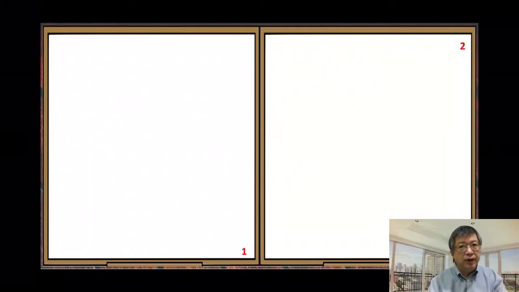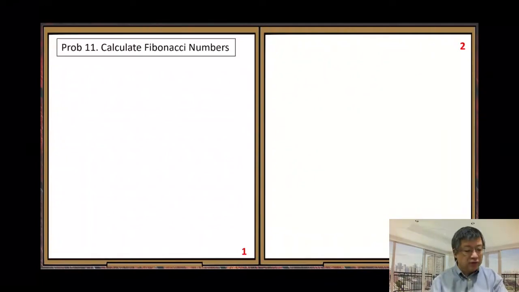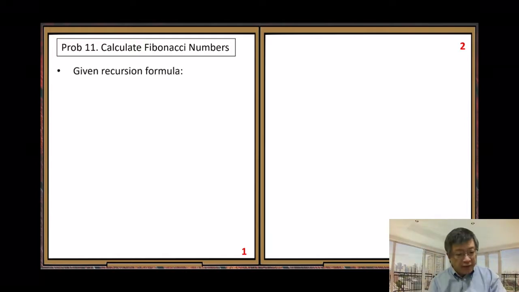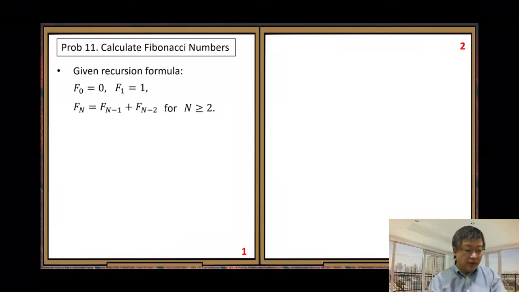First, let us look at the problem. Our problem number 11, calculate Fibonacci numbers. Given the recursion formula and the initial values F0, F1, then this simple recurrence relation, Fn equals Fn minus 1 plus Fn minus 2.